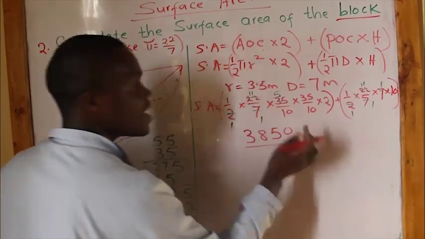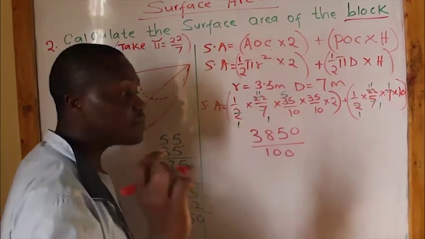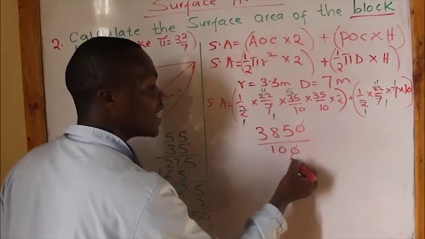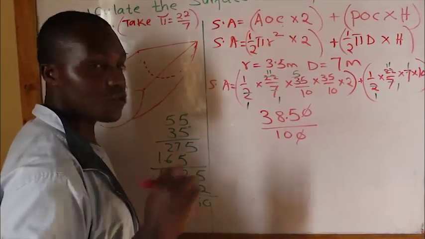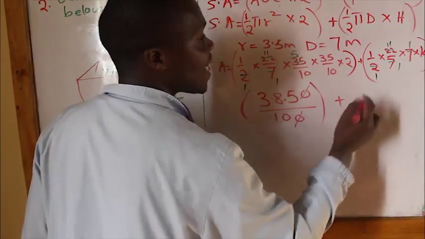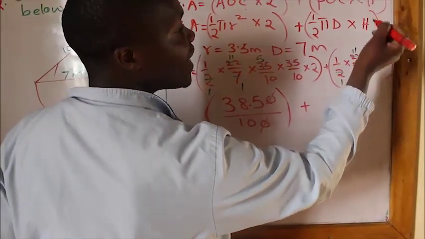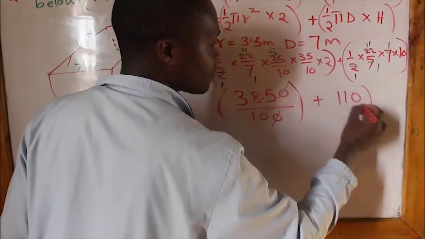3,850 over 10. Remember I told you to avoid the zero, so you can just put them down here so that it becomes easier for you to simplify the zeros, and with the 10 you can put a decimal point there to simplify your work. Then plus 11 times 10 is 110.